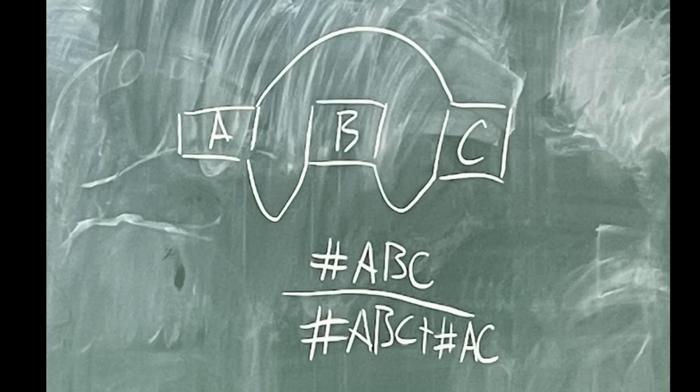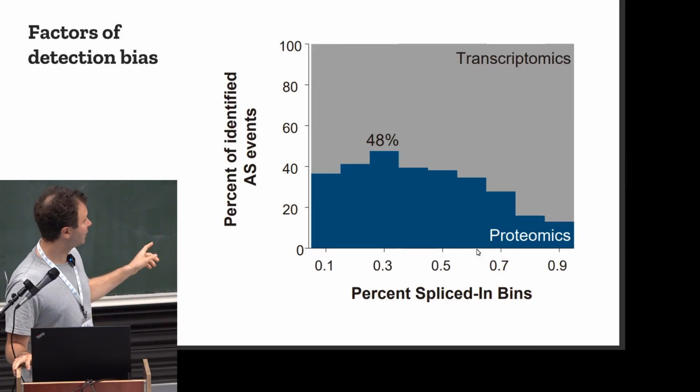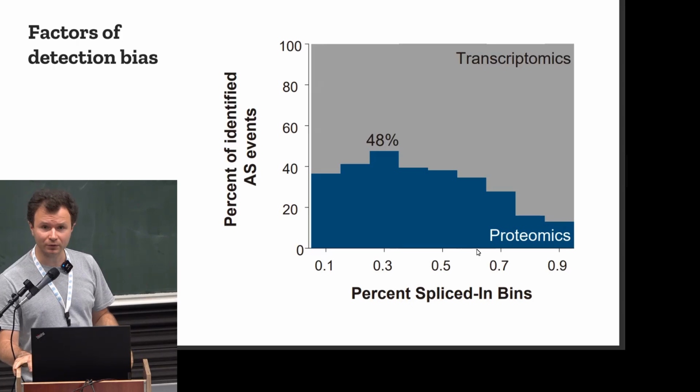You can detect either a jump from A to B, or internal fragments which map uniquely to B, or B to C. But you have just one chance to detect exclusion of this exon: you have to detect peptides which jump from A directly to C. So that's what we frequently observed, that we indeed have a bias towards detecting inclusion rather than exclusion.